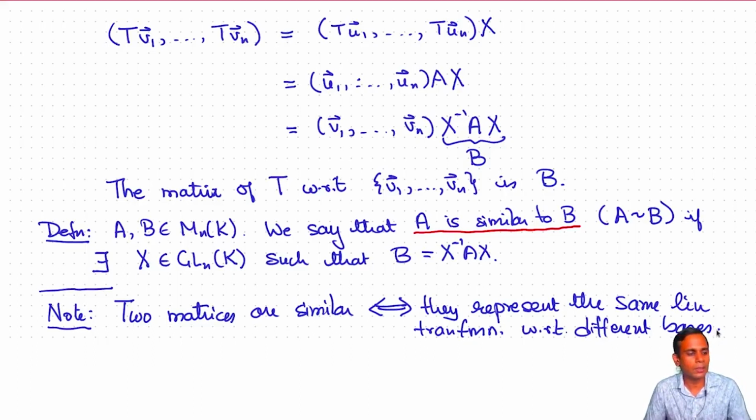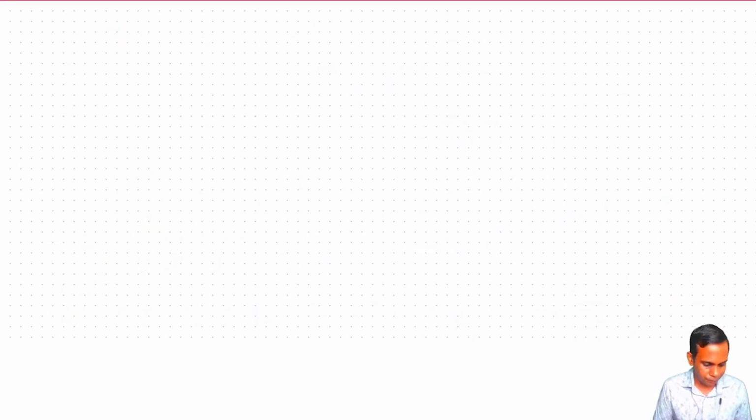Now, because two matrices are similar if and only if they represent the same linear transformation, any property of a matrix that you define in terms of the linear transformation corresponding to the matrix will not change if you replace the matrix by a similar matrix. So here's the sort of meta theorem.